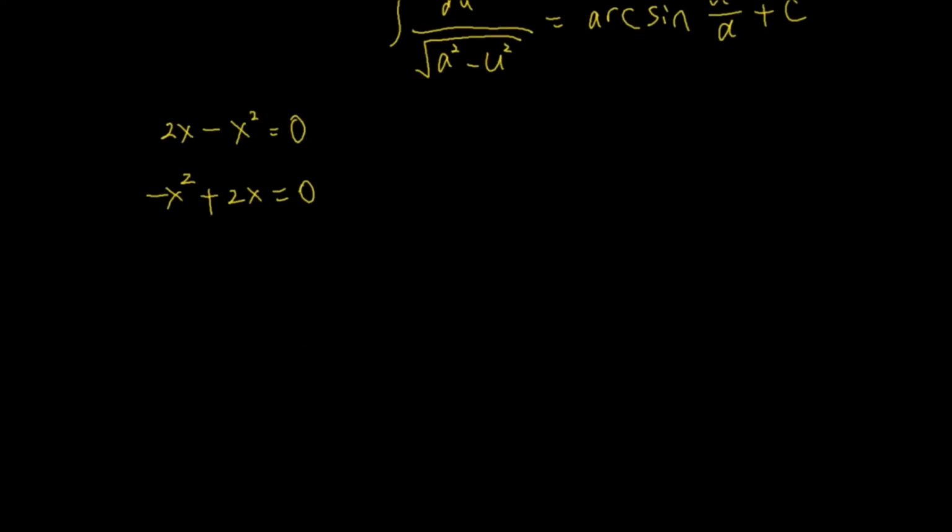To complete the square, we want the leading coefficient in front of the x squared to be 1. So we divide both sides by negative 1. Negative x squared divided by negative 1 plus 2x divided by negative 1 equals 0 divided by negative 1. Then you have x squared minus 2x equal to 0, since 0 divided by negative 1 is 0.